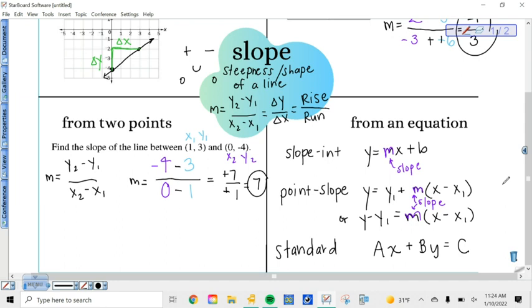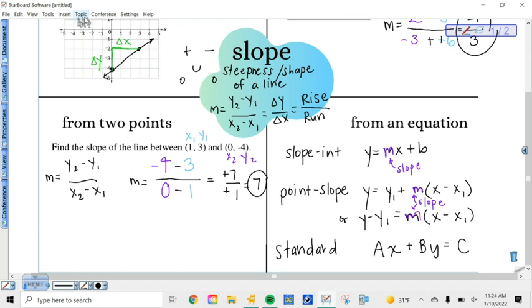I'm going to give you equations, and I want you to tell me what form it's in.